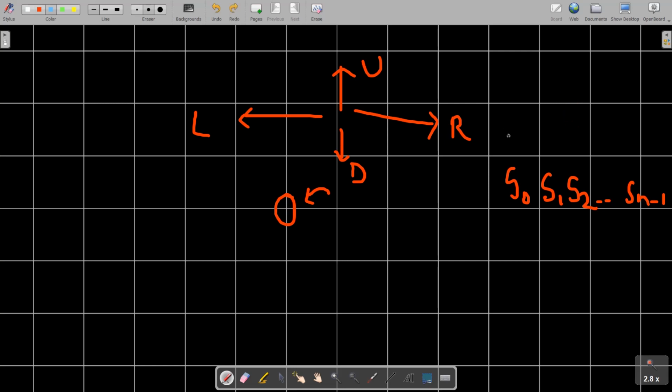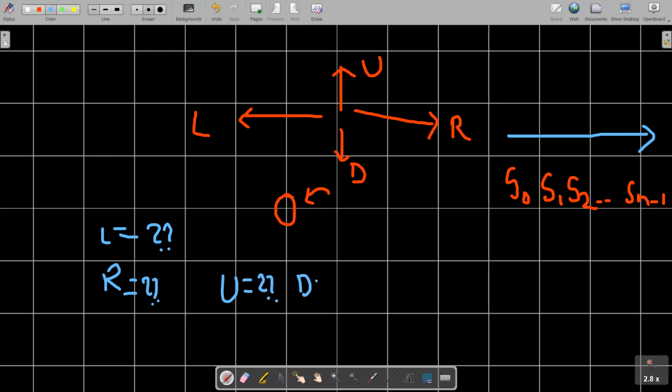After all the characters have been traversed, you are going to have some L value, some R value, some U value, and some D value, which denote the number of times these characters have occurred.